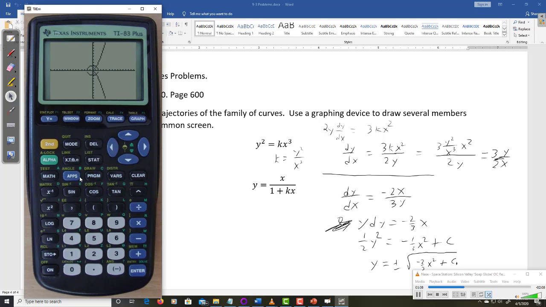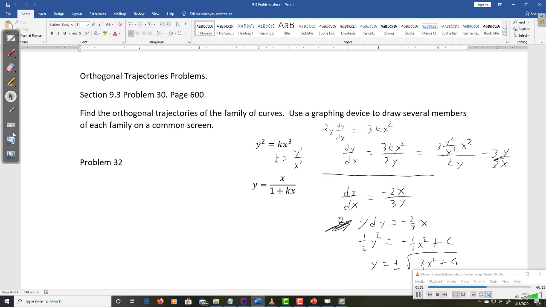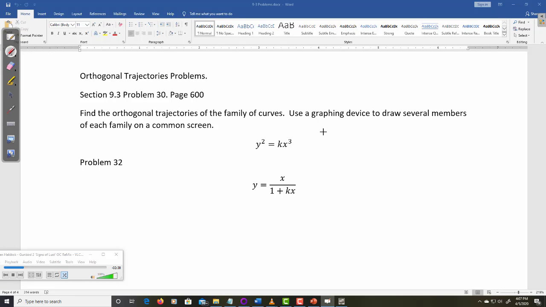And you can see there, if I zoom in a little bit, we've basically got ellipses, and I don't know, you might call those hyperbolas, but they meet in right angles. Let's do another one. So let's try problem 32.